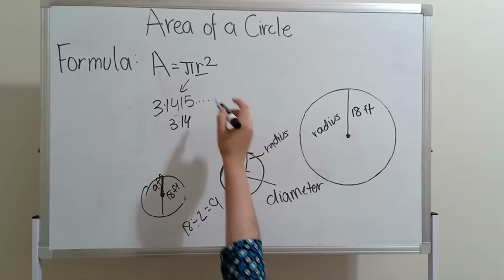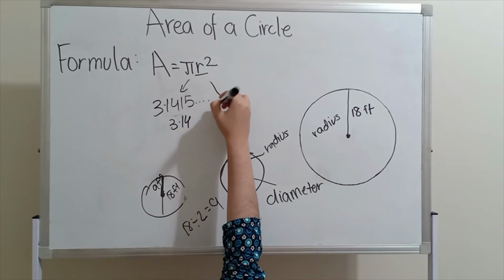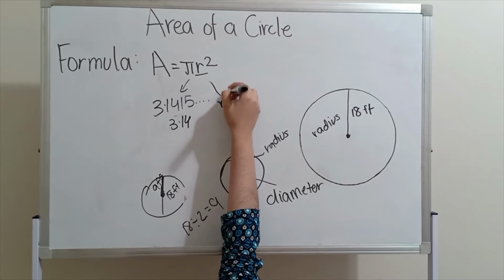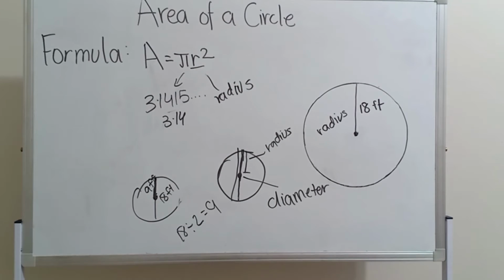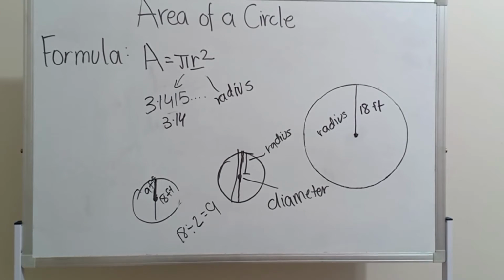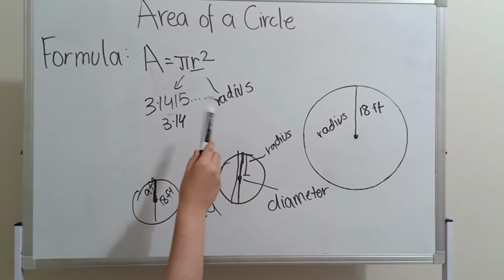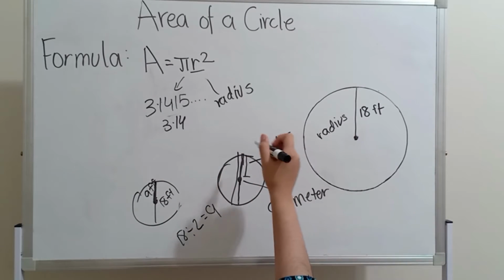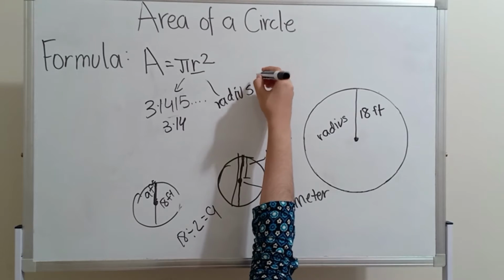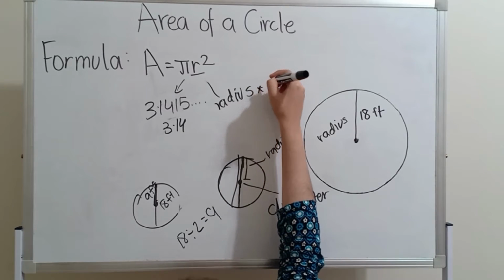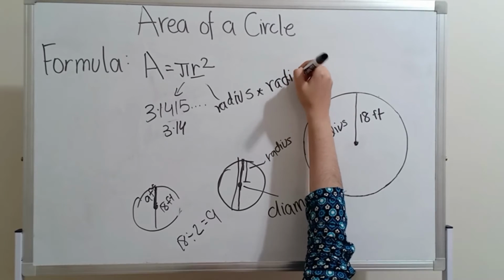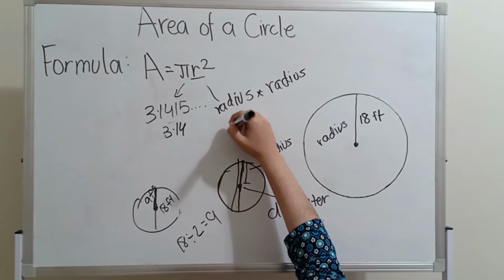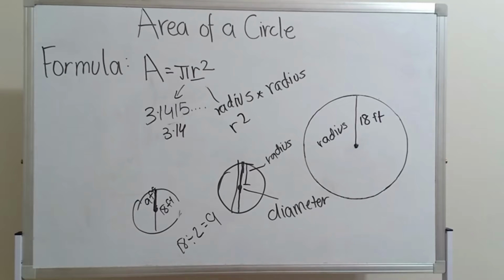So the radius, and we have an exponent of 2 at the top of r, meaning we are going to multiply the radius 2 times by itself. Radius multiplied by radius, or in other words, just r squared.